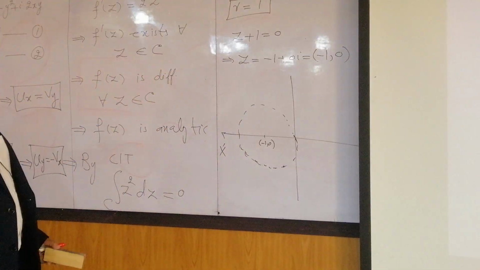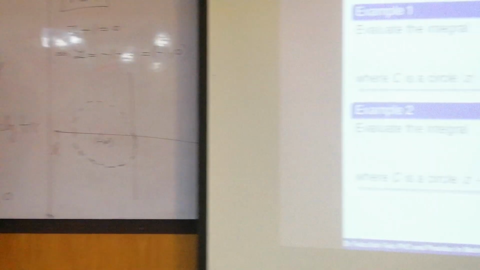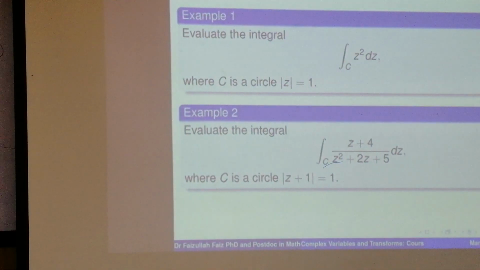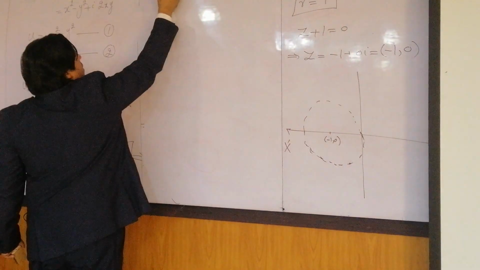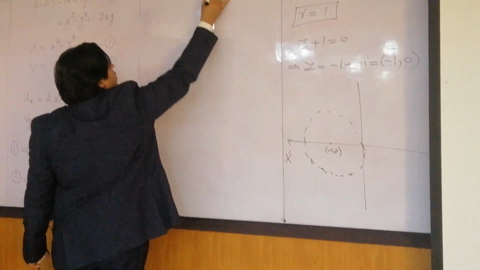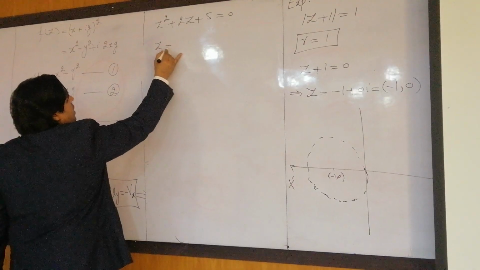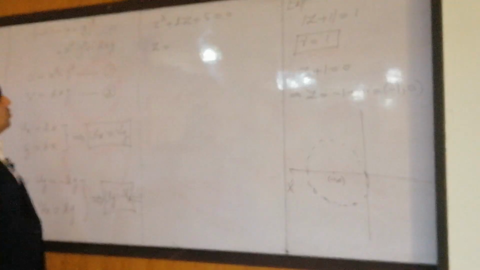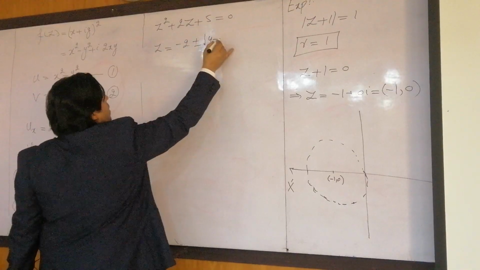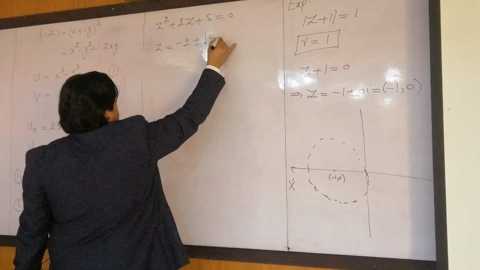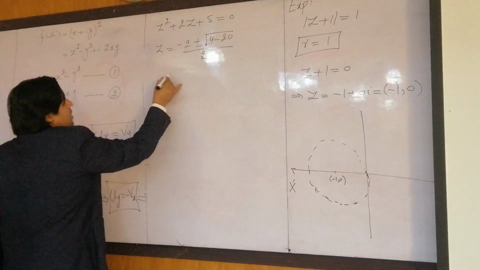So now in the next step we have to find the roots of z square plus 2z plus 5. So let us see, z square plus 2z plus 5 is equal to 0. And now we are using the quadratic formula. So we have minus 2 plus minus the root of 2 square, which is 4, minus 4ac, which is 20, divided by 2a, which is equal to 2. So let us simplify this.